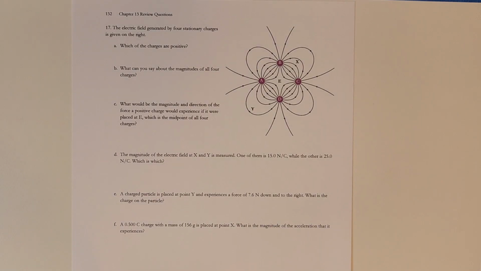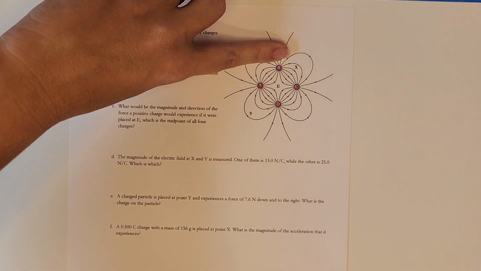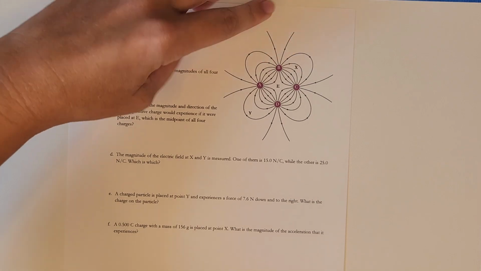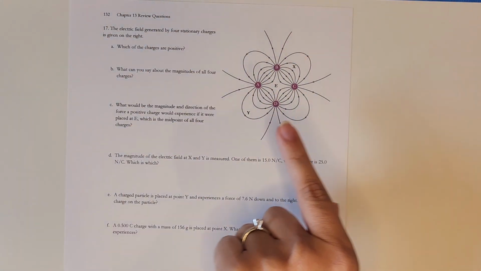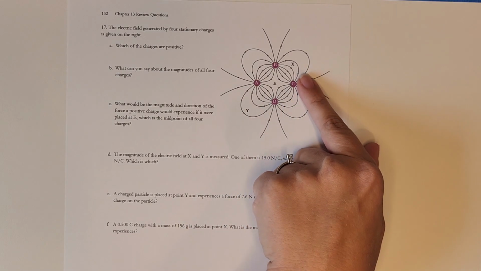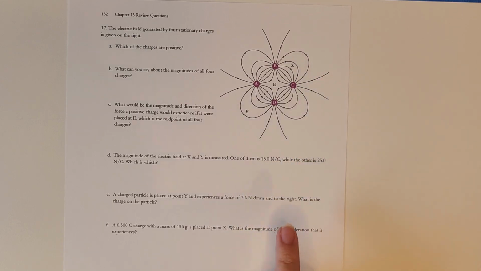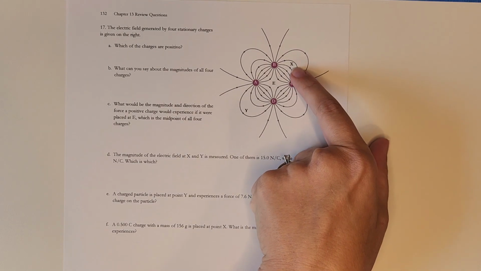The electric field at X has to be the 25.0 newtons per coulomb, because there are more lines at X. There are much fewer lines close to Y, and there are more at X, and so there's more force happening here at X.